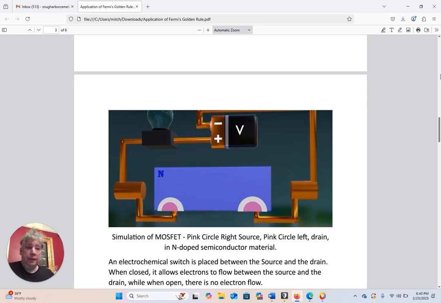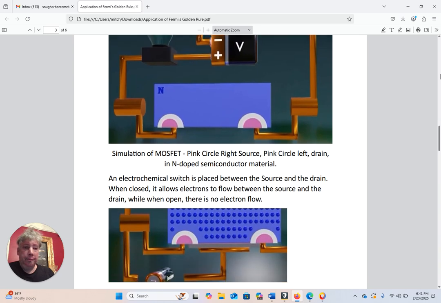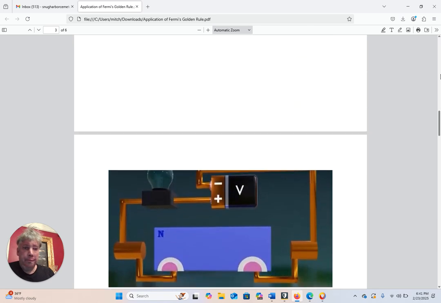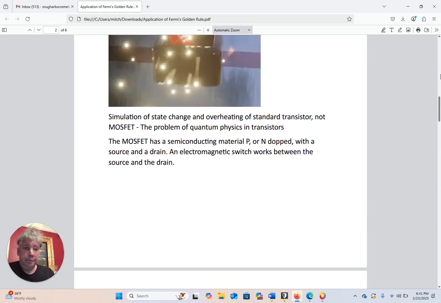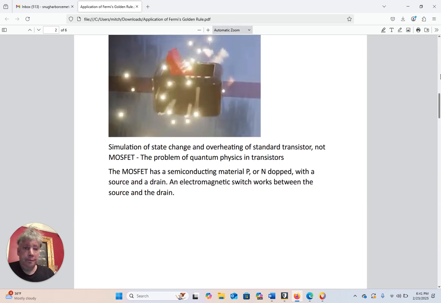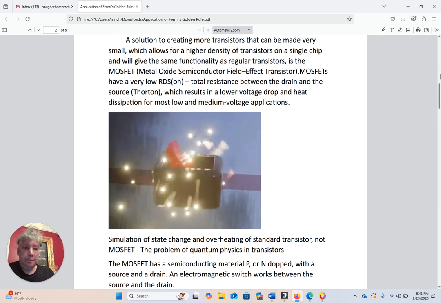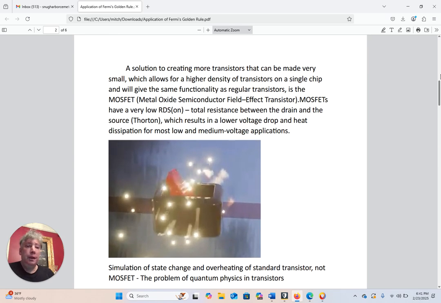Now, these MOSFETs are pretty good. MOSFETs have a very low RDS value, which is the total resistance between the drain and the source.